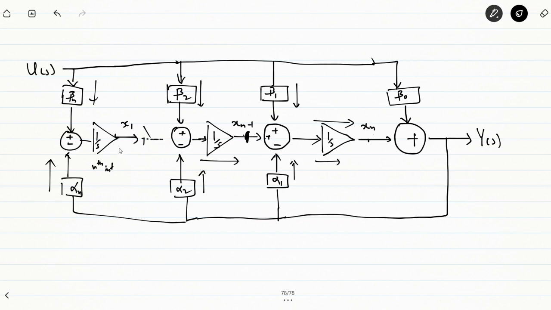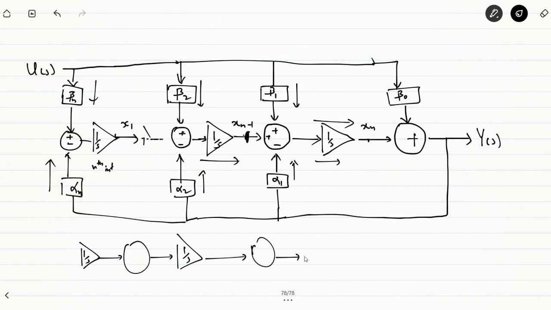So starting from the leftmost, in the first companion form, we started with the rightmost, assigning variables x1, x2, x3 up to xn. In this case, from the leftmost integrator, we have a chain of n integrators again. In this case, these integrators are separated by a summer.